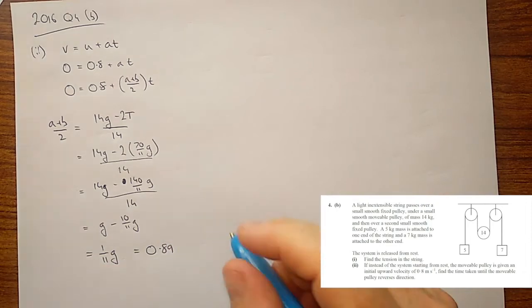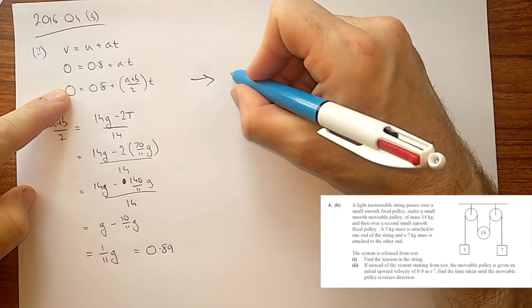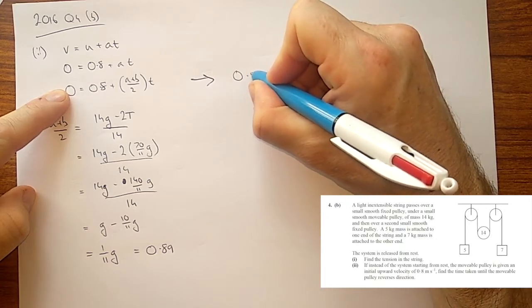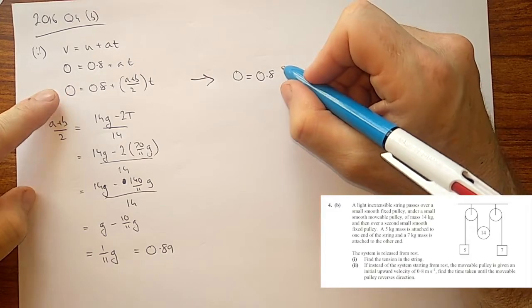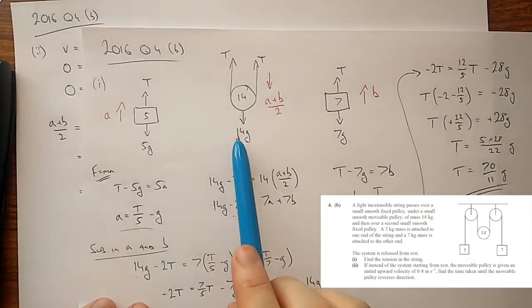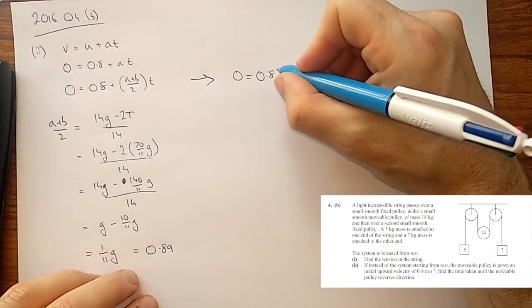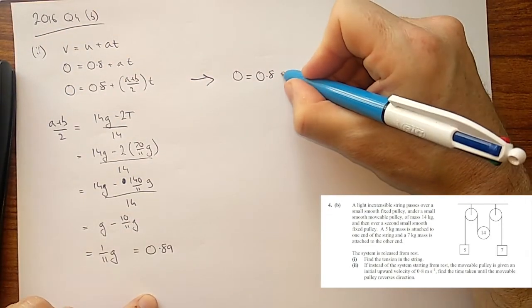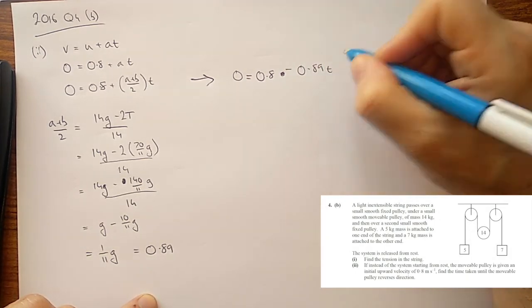All right, so now come back up to this equation here. 0 equals 0.8. Now just bear in mind, they were talking about an initial upward velocity. So they're setting up as positive and this is negative. So strictly speaking, my acceleration is minus 0.89 t.